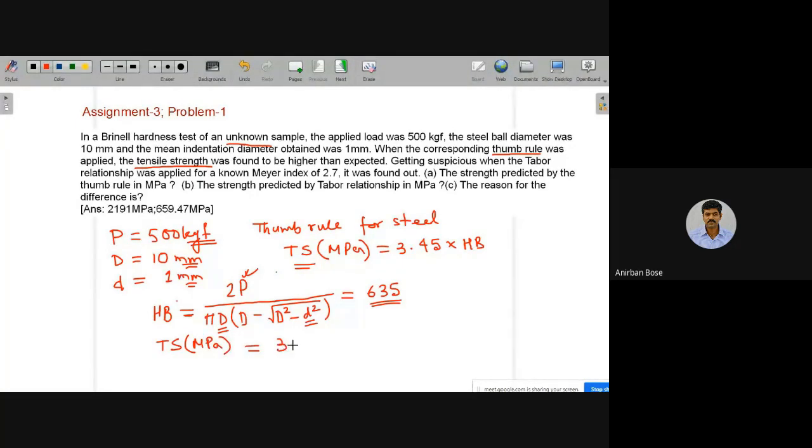You just do 3.45 times 635, and it will come around 2191 megapascal approximately. Please check whether it is coming or not.